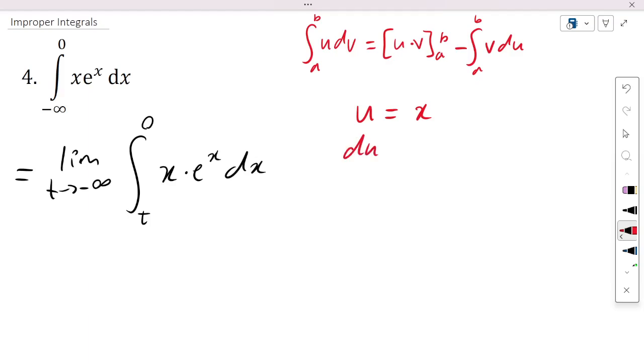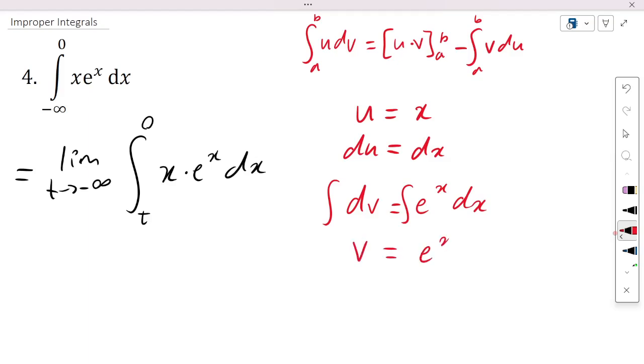So du is going to be equal to 1 with respect to x, or just dx. With dv equal to e to the x with respect to x, in order to get from dv to v, we need to integrate both sides. Therefore, v is equal to e to the x.